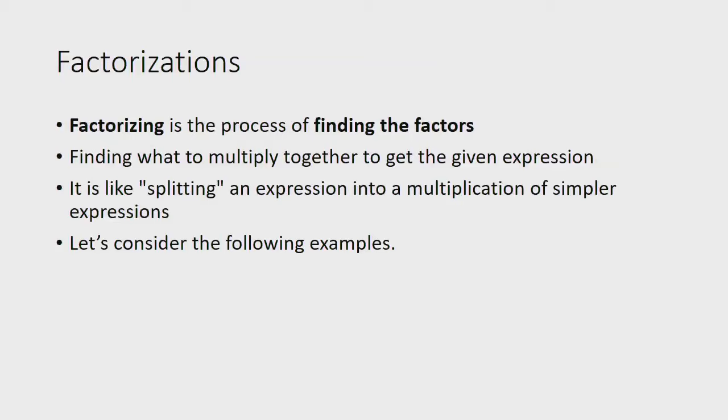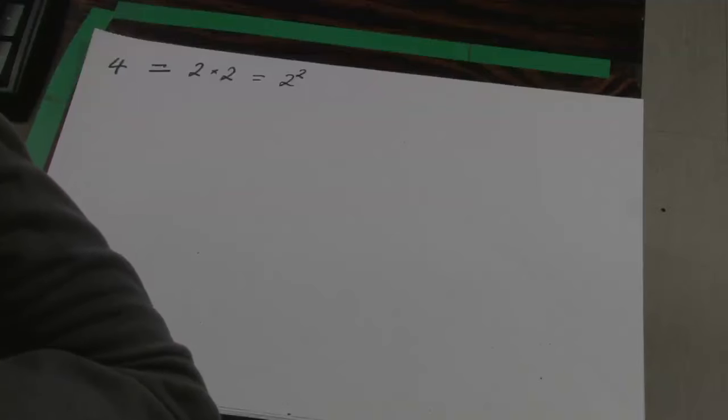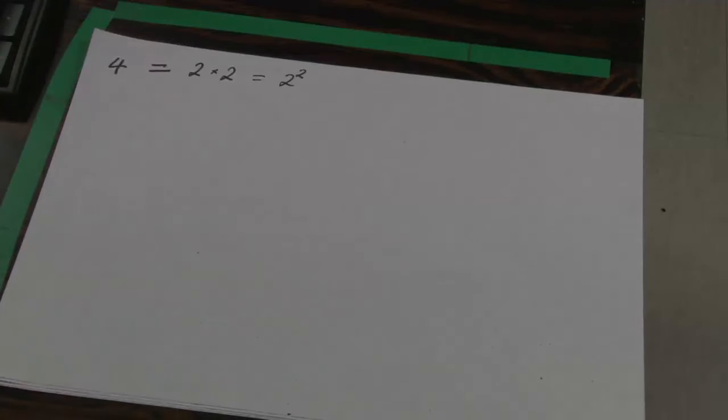For example, if I give you 4, if you have a number 4, then 4 can be written as 2 times 2, or it can be written as 2 squared. So 4 can be factorized or can be factored into 2 squared.